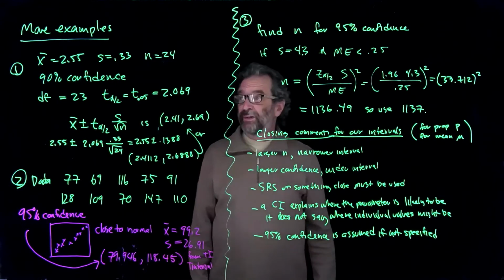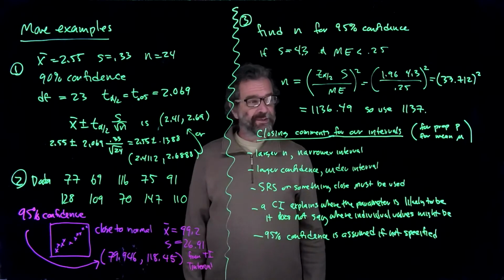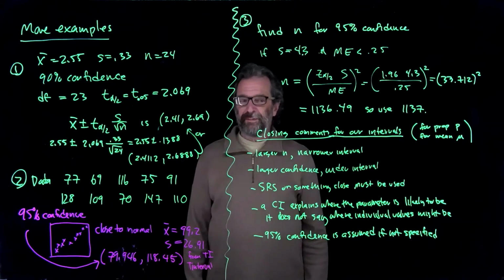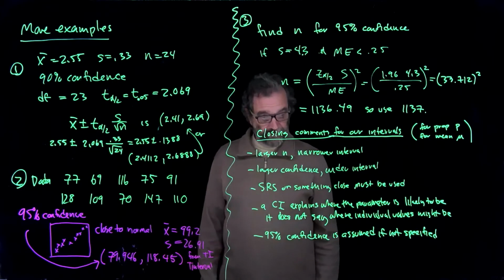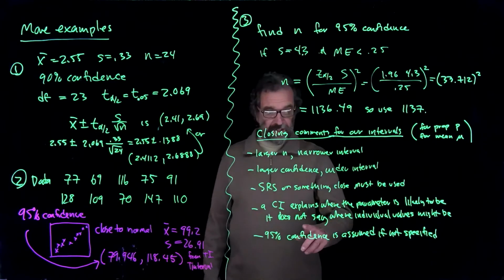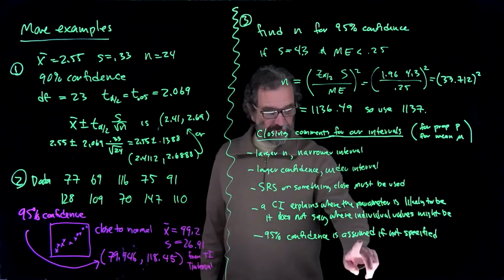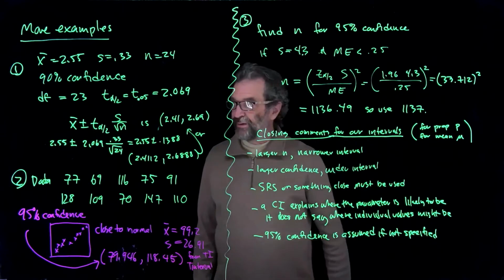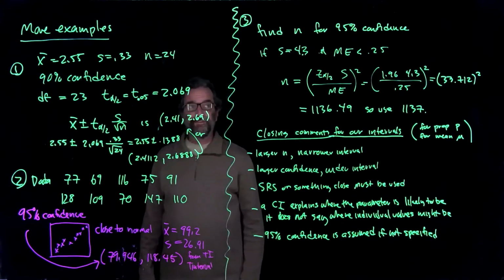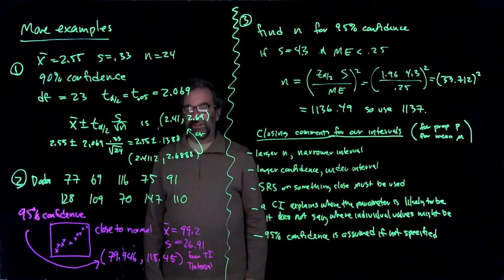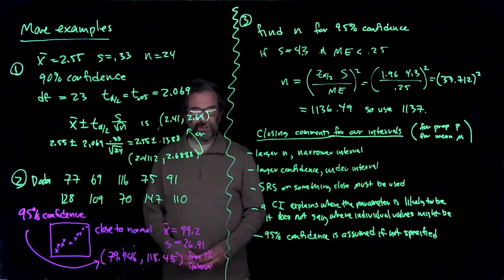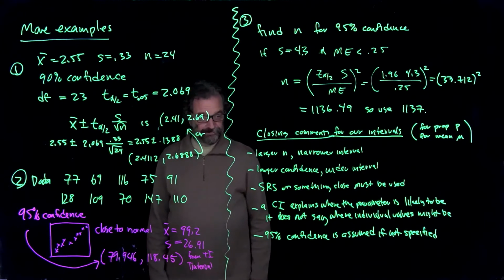And the true value is the population mean here. If it was a proportion interval, it'd be the population proportion you're estimating. Okay, and then 95% confidence is assumed if it's not specified. So if someone says make a confidence interval or find a sample size and they don't tell you what confidence level you're using, you would just use 95 because that's the default.